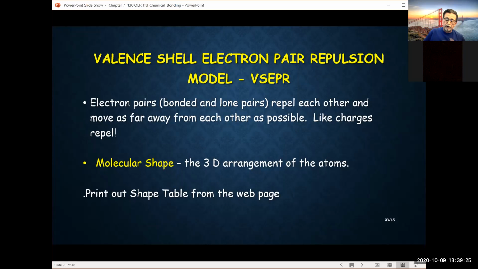Which is what I was talking about, the lone pairs, how they occupy space because they repel each other when they're on the central atom, which is basically what this model talks about. They call it the valence shell electron pair repulsion, or the VSEPR. Basically, it just says that electrons that are not bonded are going to occupy more space.